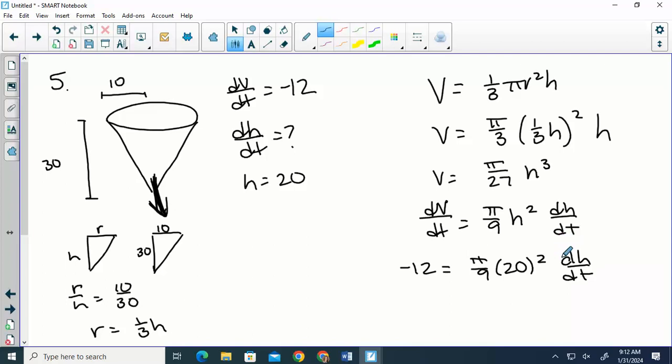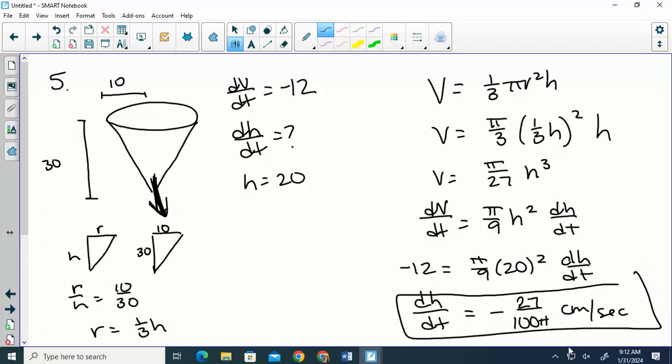So, dh/dt equals negative 100 pi. h was measured in centimeters, time was in seconds.